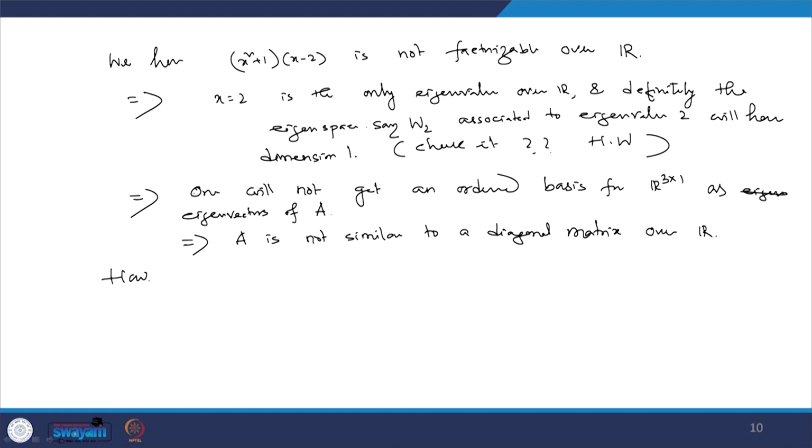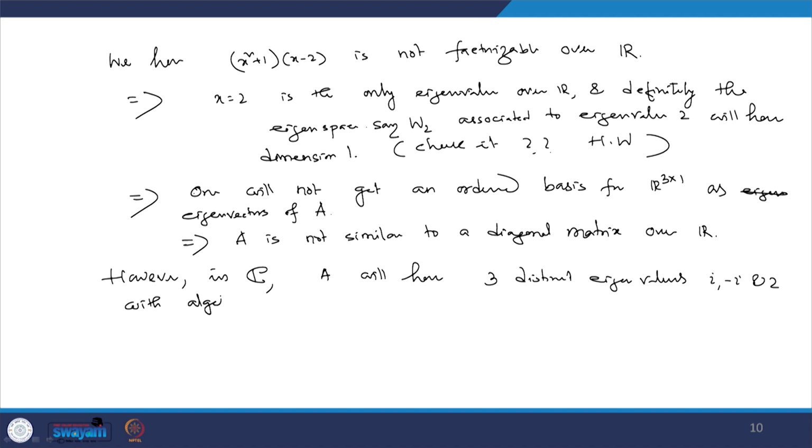However, in the complex plane C, A will have 3 distinct eigenvalues i, -i and 2, each with algebraic multiplicity 1.